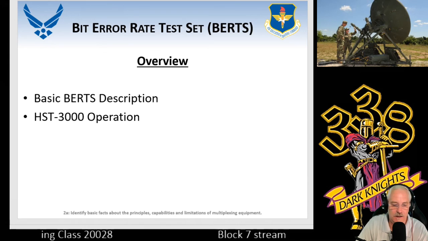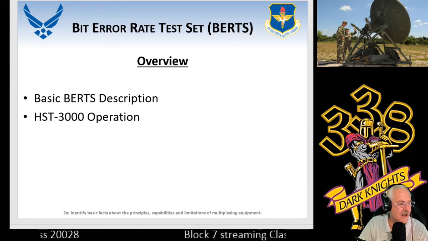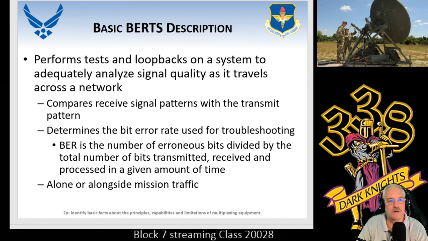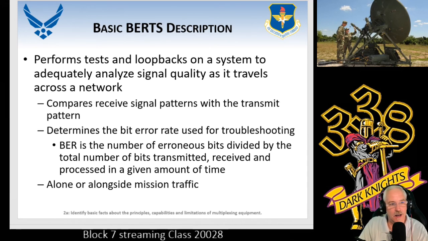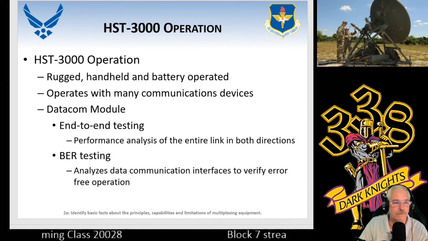Because in the study guide workbook it might be a page, maybe a page and a half. So on the basic BERTS description, the big thing is performance tests, loopbacks on a system just to figure out if the signal quality is good. So it does look at receive and transmit patterns, looks at the errors, and will give you an idea of what's happening on the line. You can look at it either alone or alongside the traffic that it is used with.